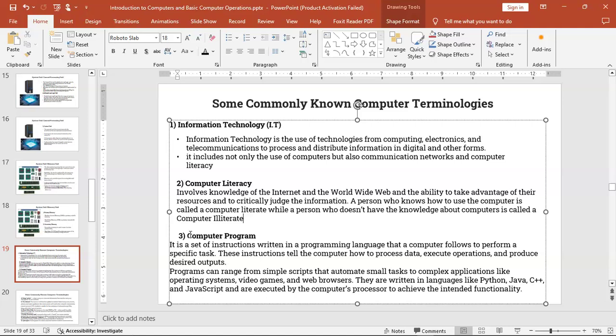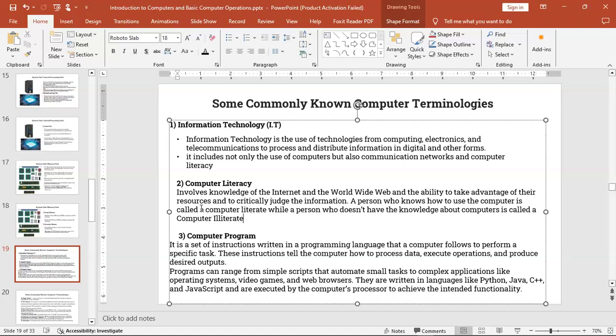Okay, let's look at the third terminology that we see in our day-to-day life. We have a computer program. What is a computer program? It is a set of instructions written in a programming language that a computer follows to perform a specific task. Please do not confuse a computer and a computer program. You may be asked, give the differences between a computer and a computer program. We said a computer is an electronic device.